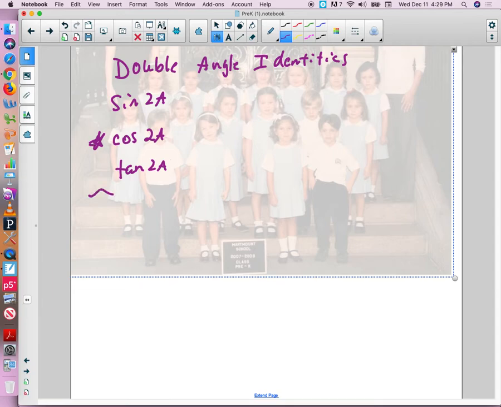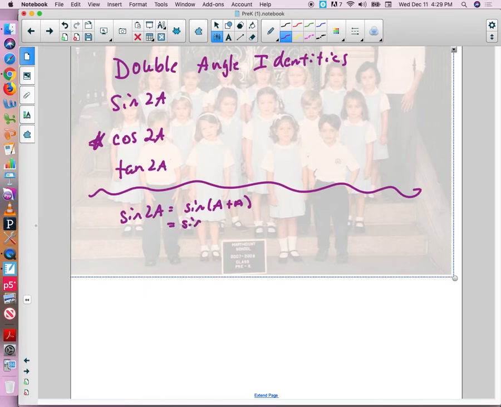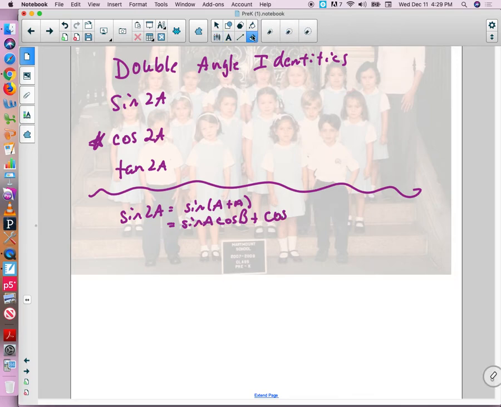So to derive them, sine 2A comes from sine of A plus A, and then following our sum and difference identities, where we have sine A plus B, I say sine of the first one, cosine of the second one, plus cosine of the first one, sine of the second one. But of course, in this case, the angles are the same size.